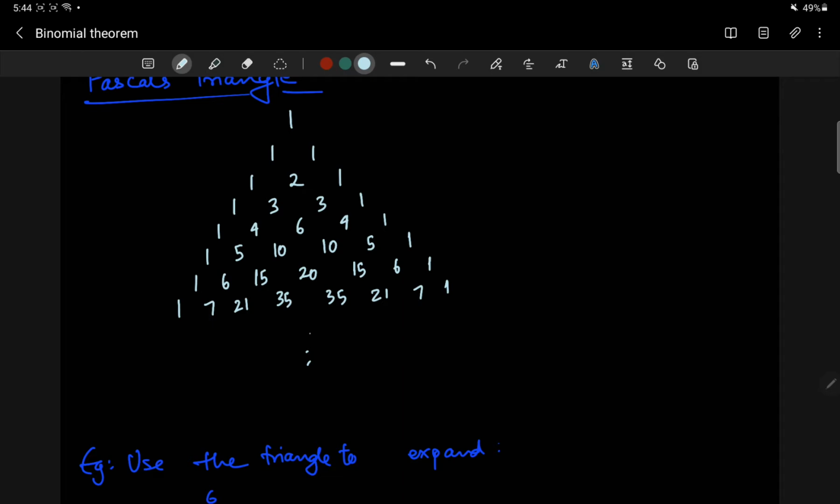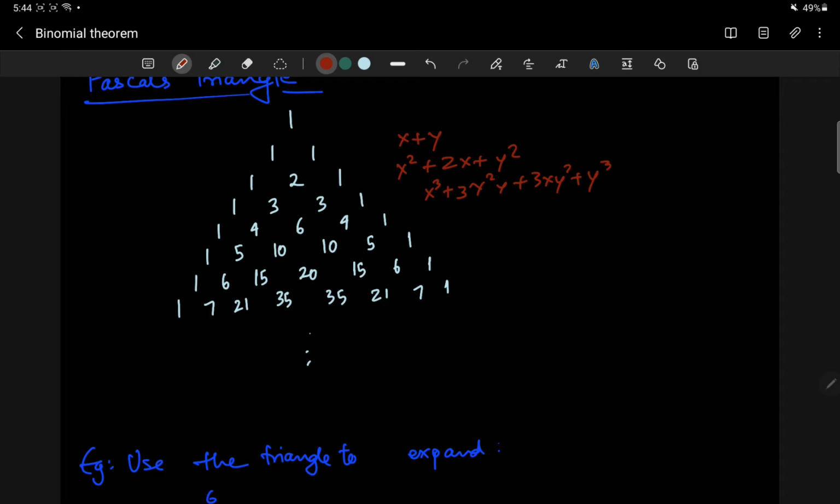It goes on. Now, a few things that I want you to take note of here is, remember what we had, x plus y, x squared plus 2xy plus y squared, x cubed plus 3x squared y plus 3xy squared plus y cubed.